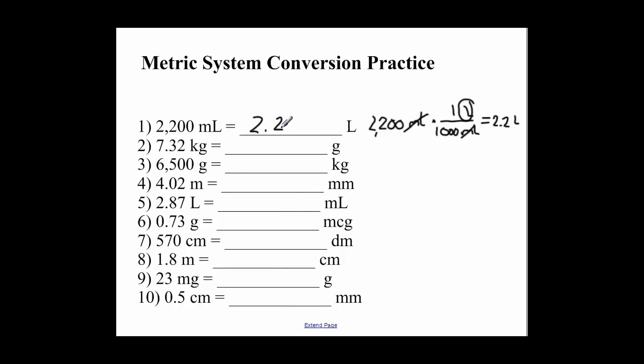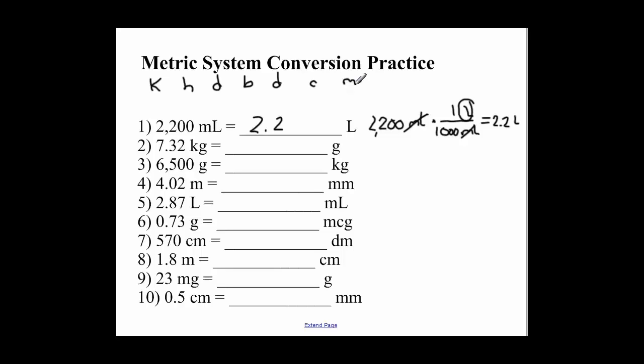Now another way, maybe a shortcut way, to convert from milliliters to liters is to use the mnemonic, King Henry died by drinking chocolate milk. If you take the first letter of each one of those words, that will give you the first letter of the most commonly used prefixes in the metric system.